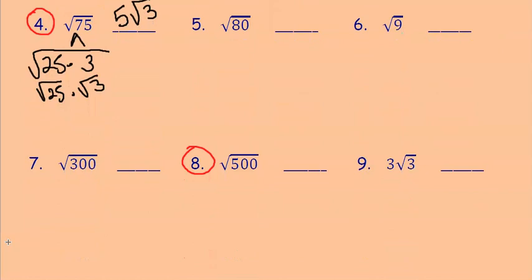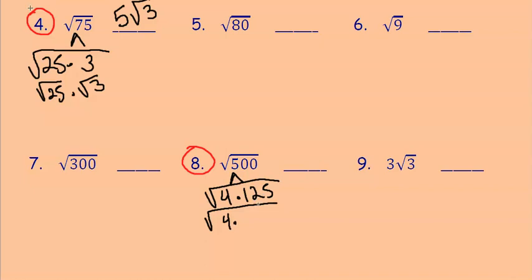And let's look at number 8, the square root of 500. So we could divide out a 4. And that would be 4 times 125. 125, we can't divide out any more 4s.